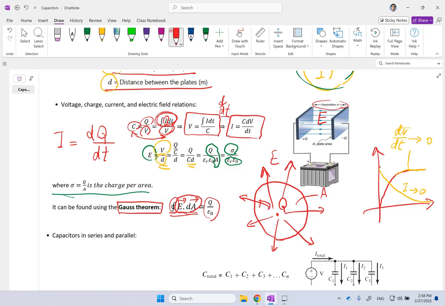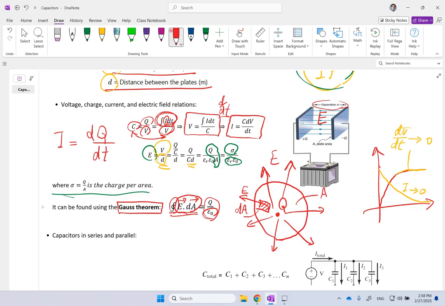So if I have some small elements dA, E dot dA, the normal component of E along dA, if I integrate it over the entire surface, that should be equal to the electric charge that made that E divided by epsilon naught.